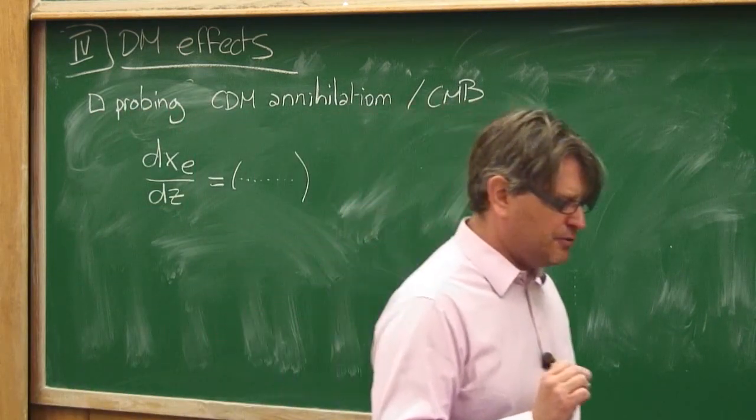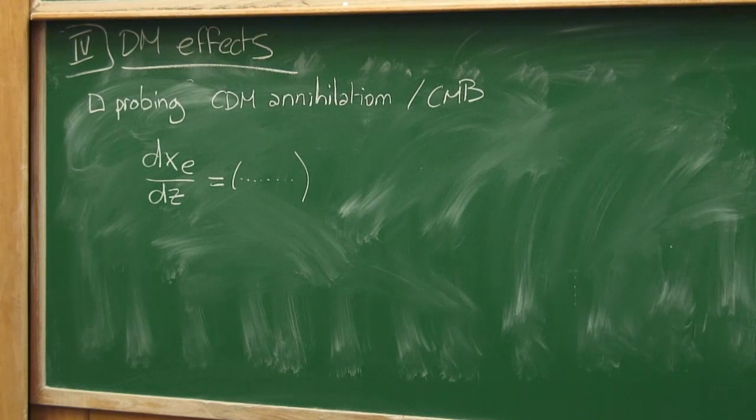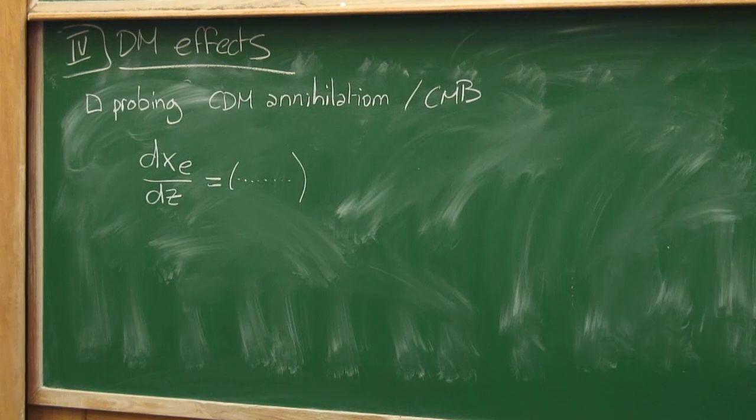Depending on the model, it could annihilate dominantly in different decay channels. At the end, you will always end up with extra photons, okay? Extra photons coming from this annihilation. And these photons can ionize the hydrogen atoms in the intergalactic medium. And so the effect is a bit like the one of reionization from stars.